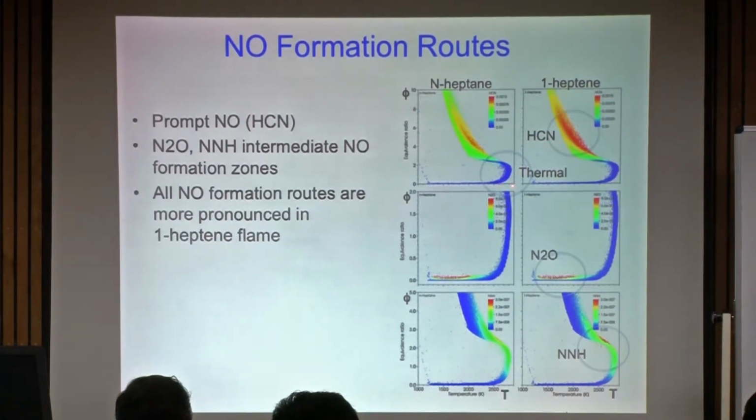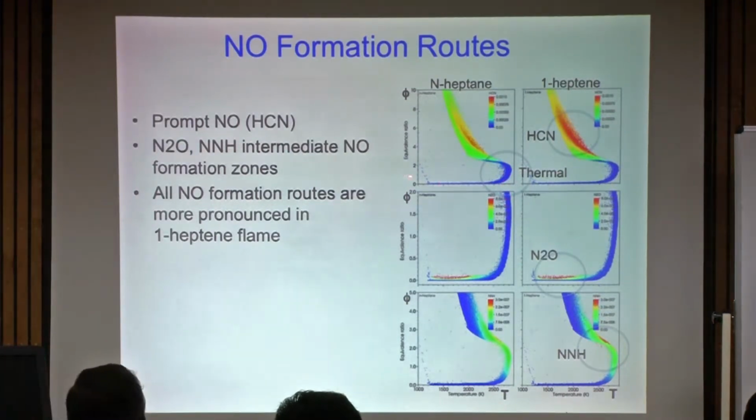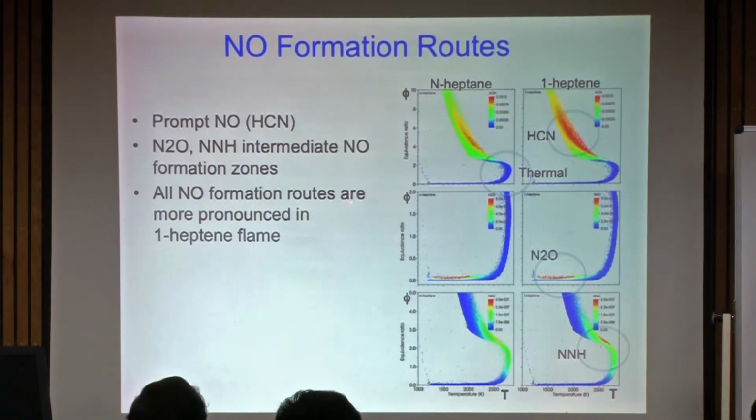So look at the thermal NO. So this is the non-premixed zone, because the temperature is the highest and equivalence ratio is about 1. That's where the diffusion flames are. Equivalence ratio close to 1 and the high temperatures.